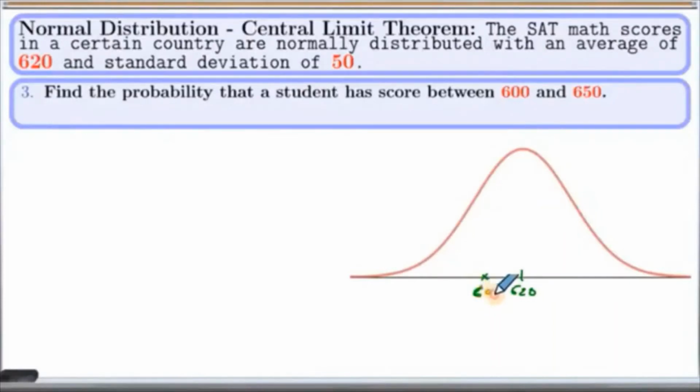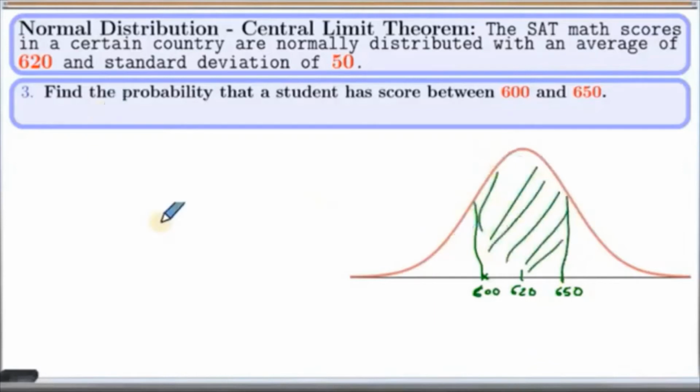And our 650 is here. We are supposed to find this area in the middle. For that, let me show you how to find this area using the calculator.